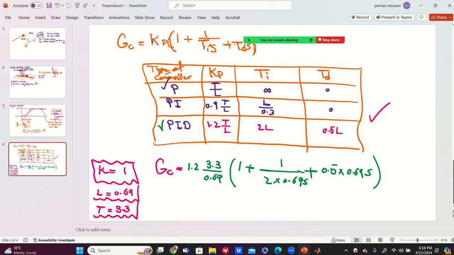So implement this in your system, in your block diagram, or run it in Simulink. I said we have it only in rare cases that we have such systems.